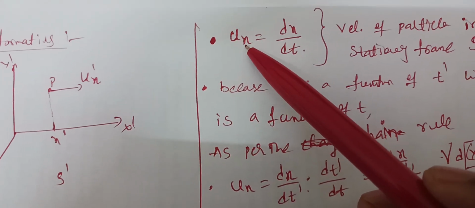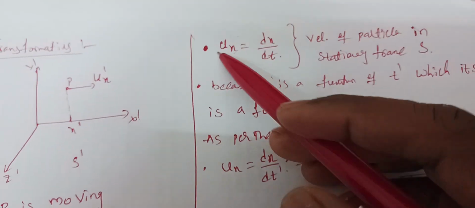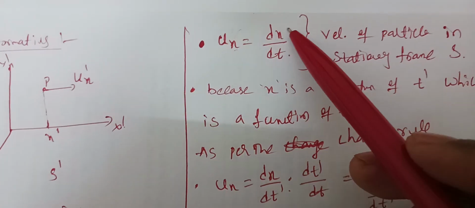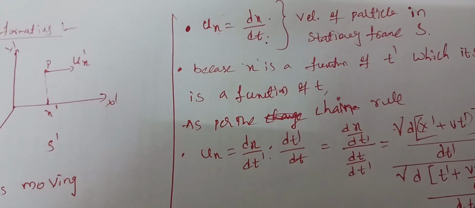What is this ux which we are taking? Basically, ux equals dx by dt. What is dx by dt?